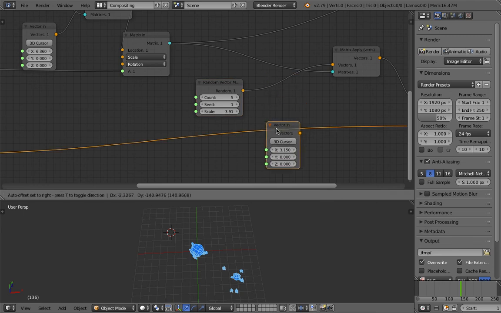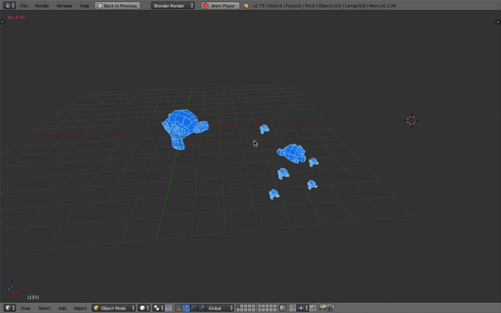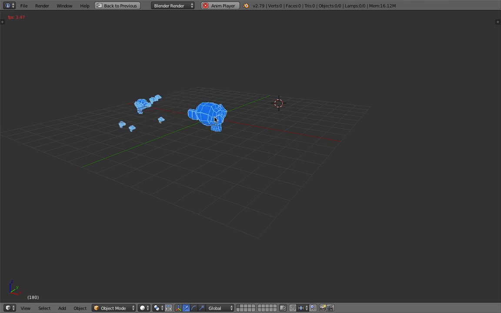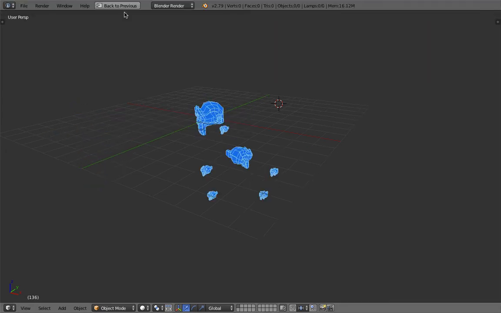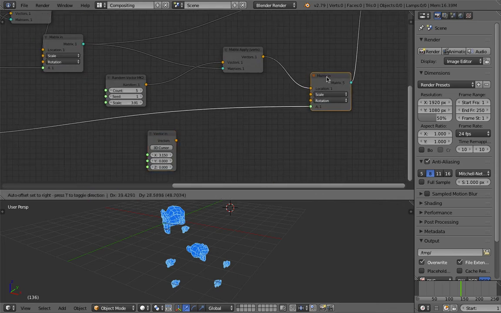So we now have 5 smaller Suzanne orbiting around this medium one, which I found quite interesting. This is like 3 levels of matrix transformations happening on the Suzanne head. It's not very easy to understand, but very interesting.